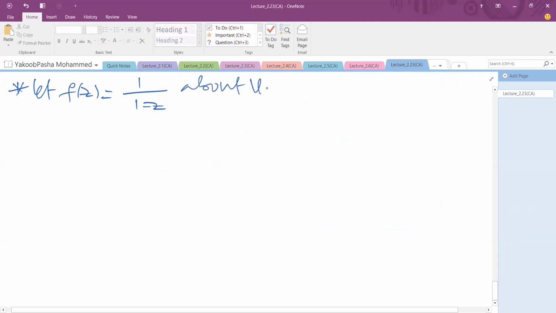Z equal to 1 means you have to observe here, there are two possibilities: for modulus of z less than 1 and for modulus of z greater than 1.